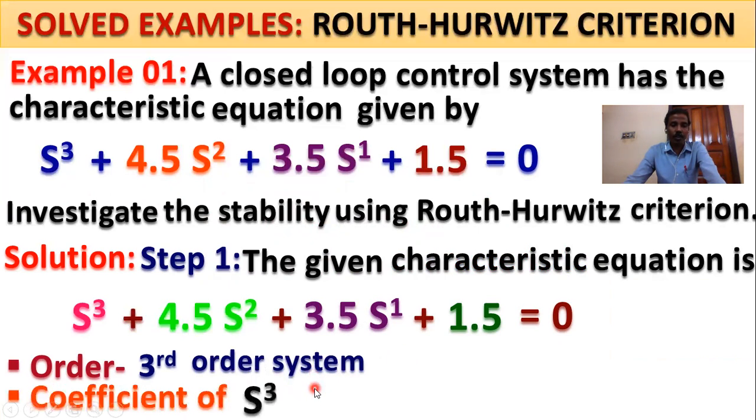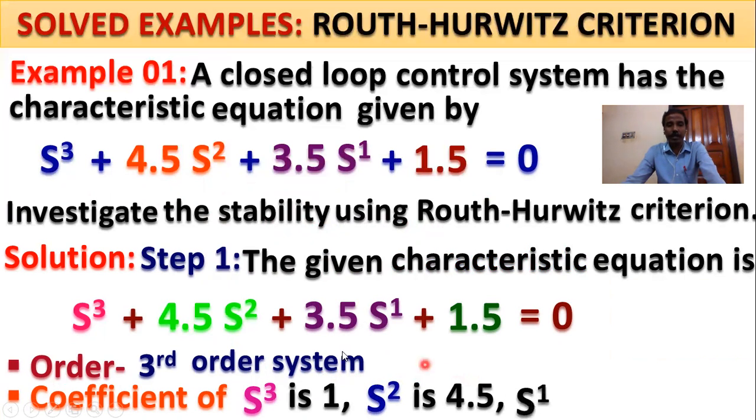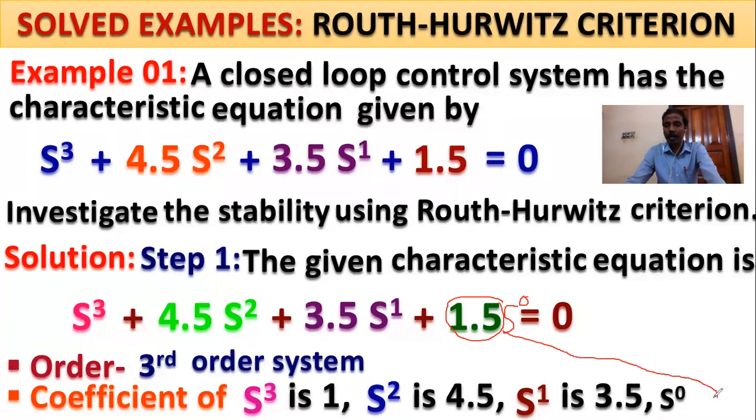The s cube coefficient is 1, and s square coefficient is 4.5. Similarly, s to the power 1 coefficient is 3.5 and s to the power 0 coefficient is 1.5.